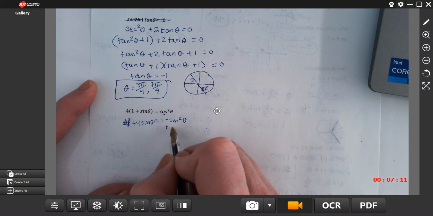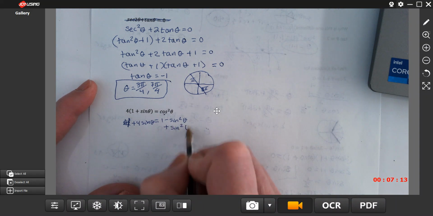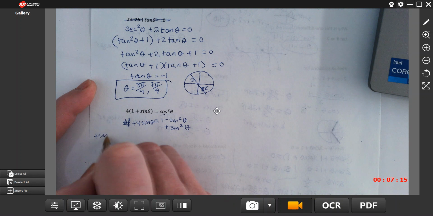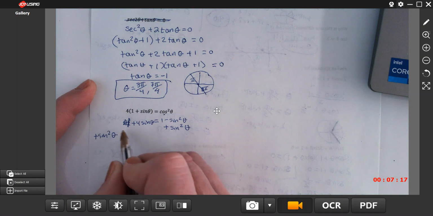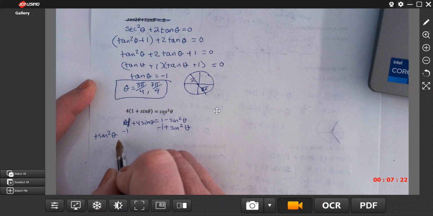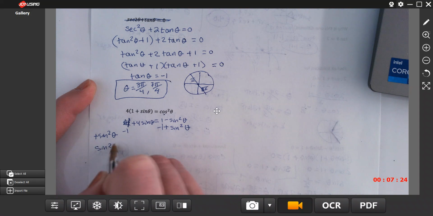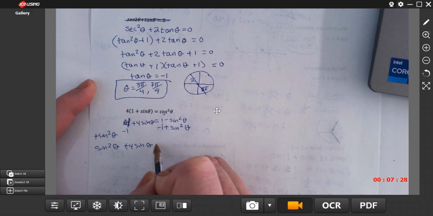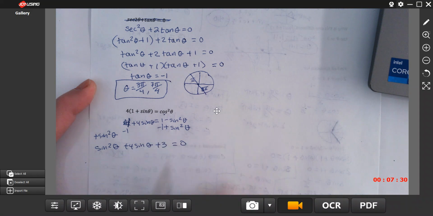Move everything to one side. So I'm going to add sine squared theta and subtract 1. So sine squared theta plus 4 sine theta plus 3 equals 0.